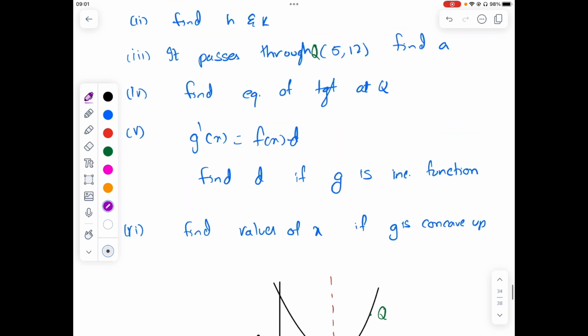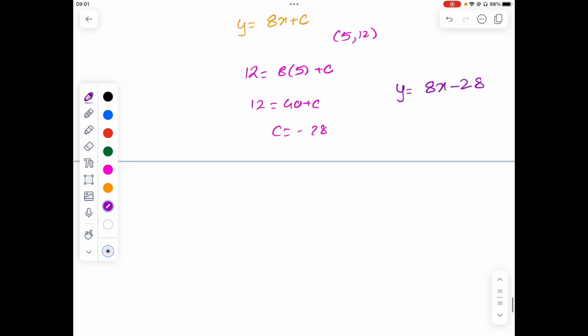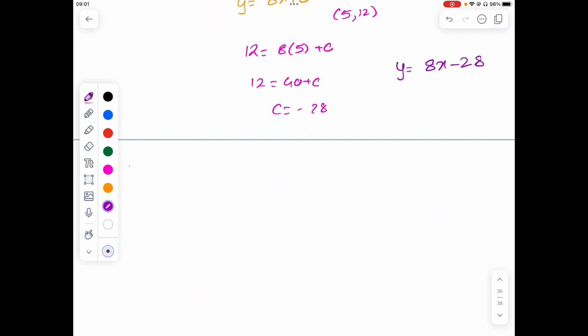Coming to the next part, g prime x equals f of x minus d. Let me write it out neatly over here. Then find the values of d for which g is an increasing function. So g prime x equals f of x minus d.